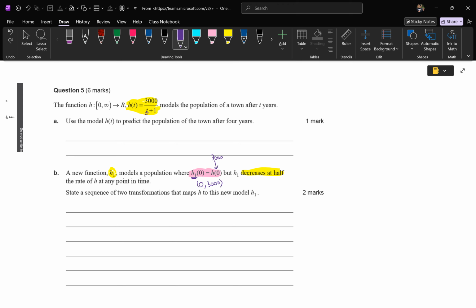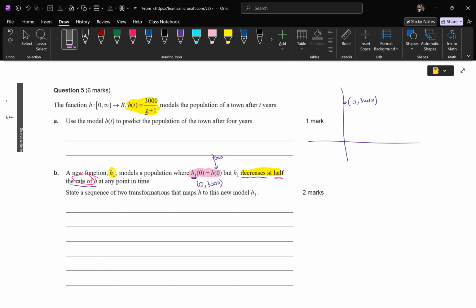So there's a condition that it has to meet the y-axis at (0, 3,000). And the second thing it's saying is that it will decrease at half the rate of h at any point in time. Now, when I read that, that means if it's going to be half the rate of whatever h is, it's going to drop slower than h.